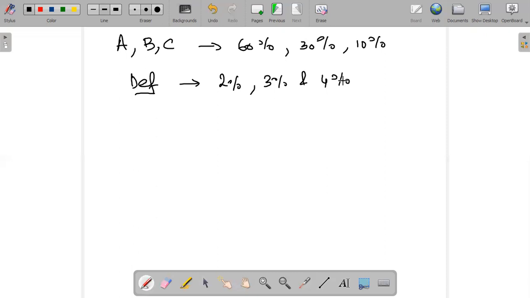Now, an item is selected at random and is found defective. So we select an item from A, B, and C, and found that it is defective.